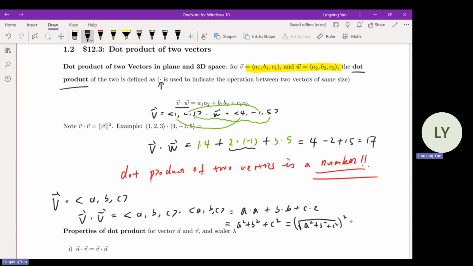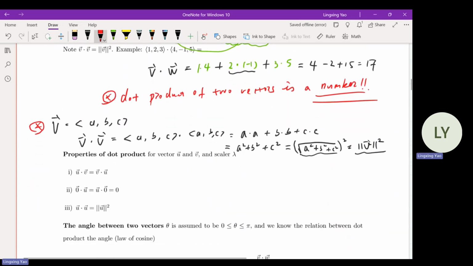Okay, then it is equivalent to say we don't have the square root and the square, but this is meaningful because under the square root, we have the length of the vector v. So what we should be clear about now is that the dot product of a vector with itself just gives us the length of this particular vector squared. So this is the second important message about the dot product we should memorize.